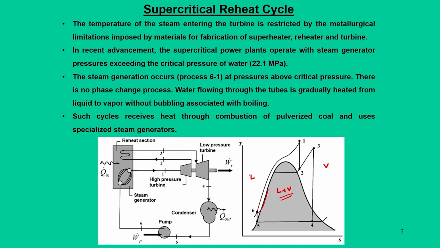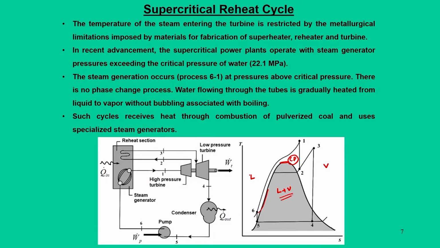Now, what the supercritical system tells is that you increase the pressure in such a way that we cross this critical point, so that the liquid goes directly to steam without crossing these liquid vapor regions.